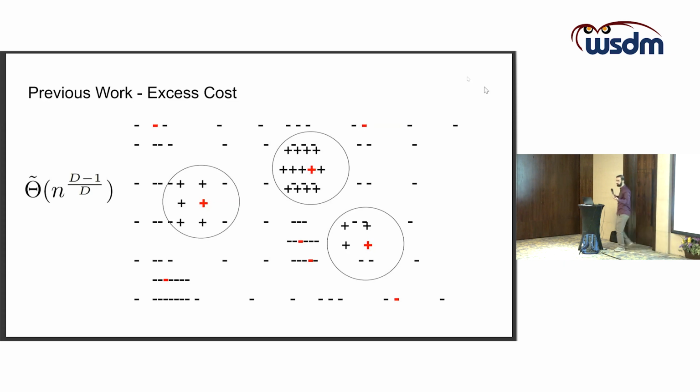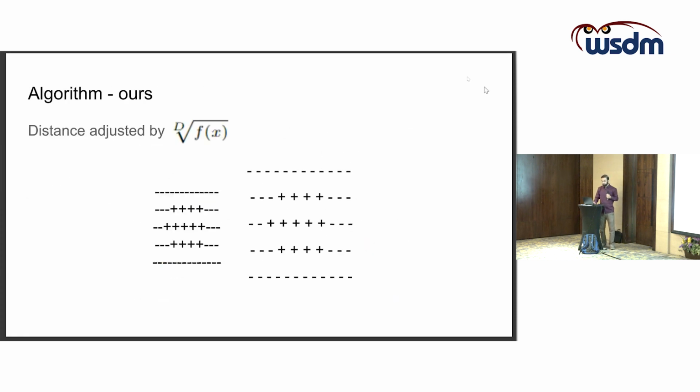We don't know the support of the positive examples, so if we knew, we could just find the optimum solution. We don't know that, but we need to bound the cost of that. Okay, what we do is that we think of this. Say this is the whole example that we have.